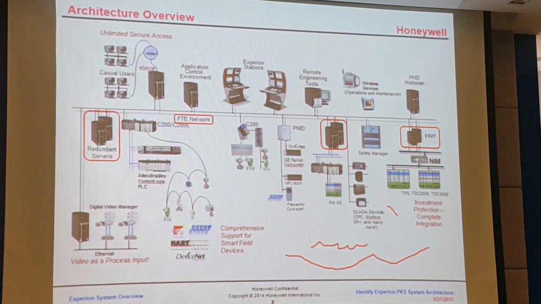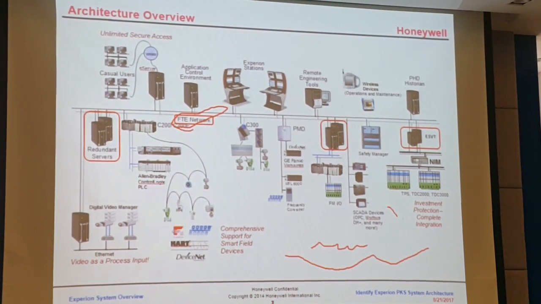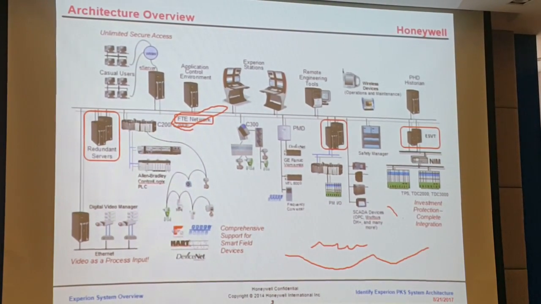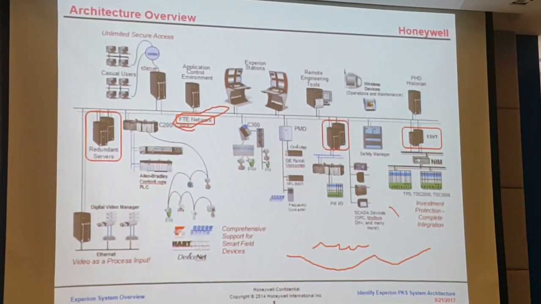Fault-tolerant Ethernet here. It's the network of the experience system. It is a patented technology of Honeywell. What we have done is we have taken Ethernet and we have improved it for process control.